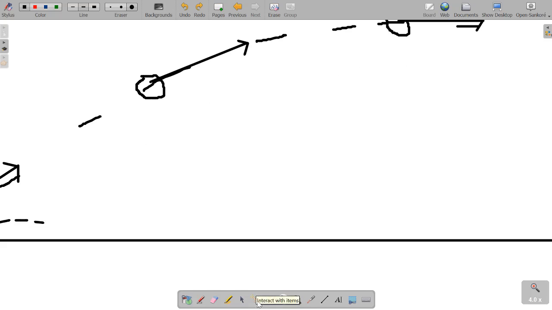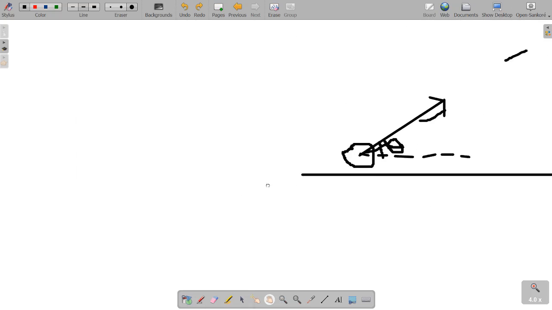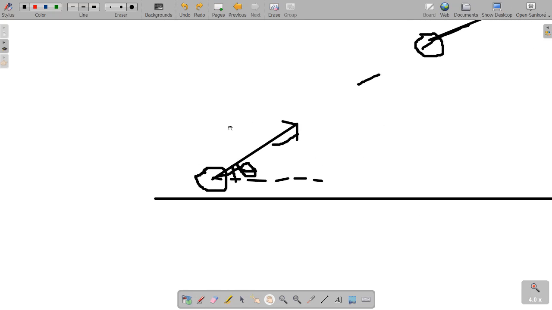So first I'll use red. At this point, the ball is being launched from the floor with a certain velocity at this angle theta to the horizontal.